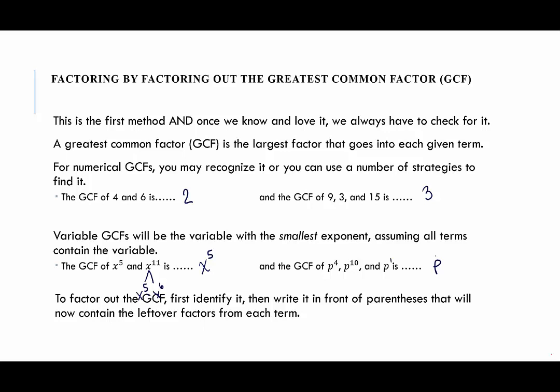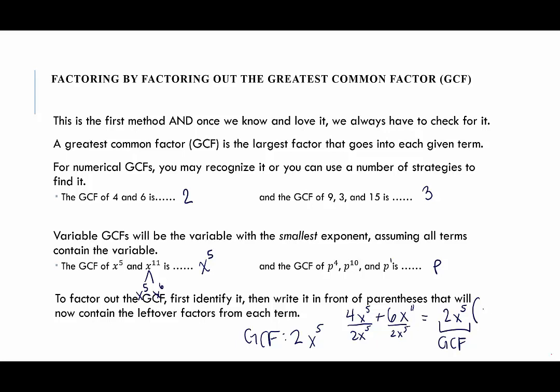So just kind of using these as examples, if we had 4x to the 5th plus 6x to the 11th, we would say the GCF, so the numerical part of the GCF is 2, and the variable part of the GCF would be x to the 5th. So when we factor this, we take the GCF and we put it out in front. So out front is the GCF, and then we're going to put in parentheses whatever's left over from when we remove the GCF from this using division.